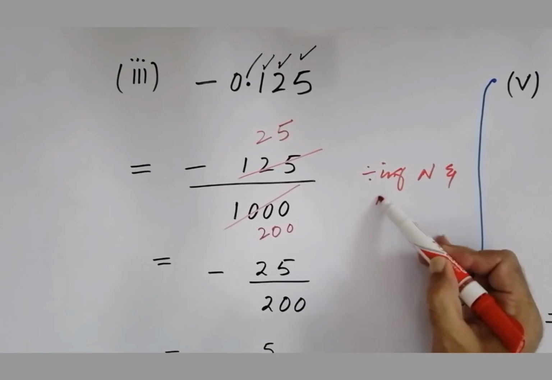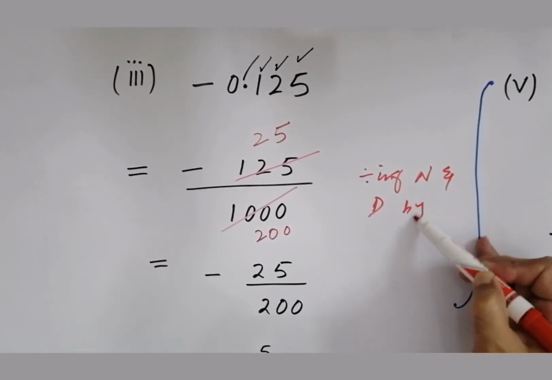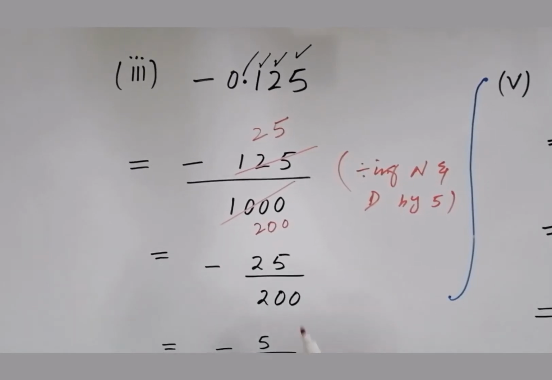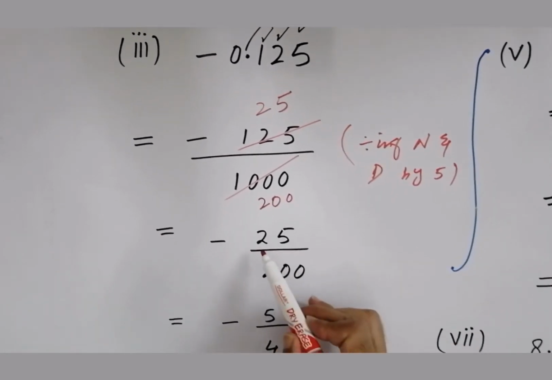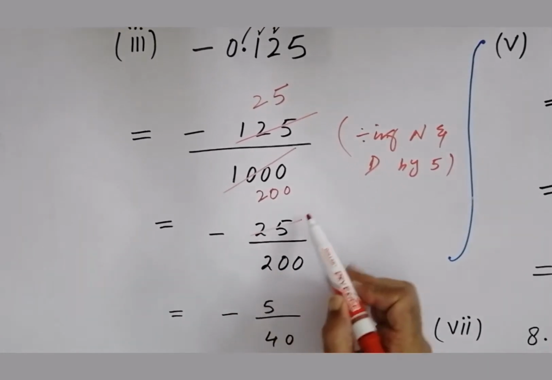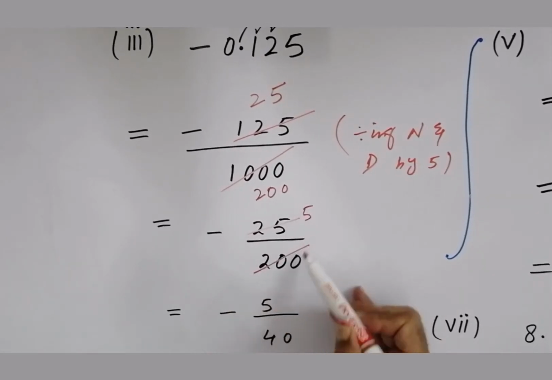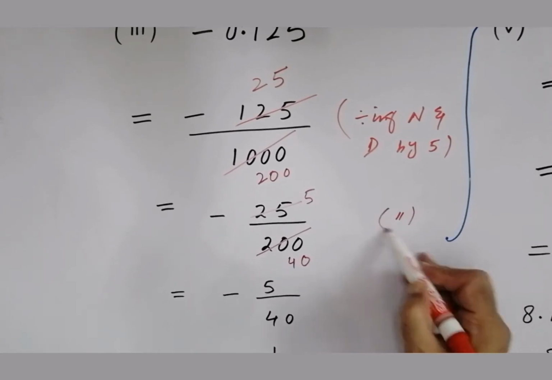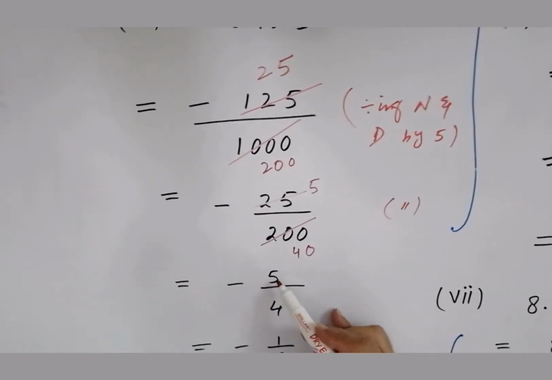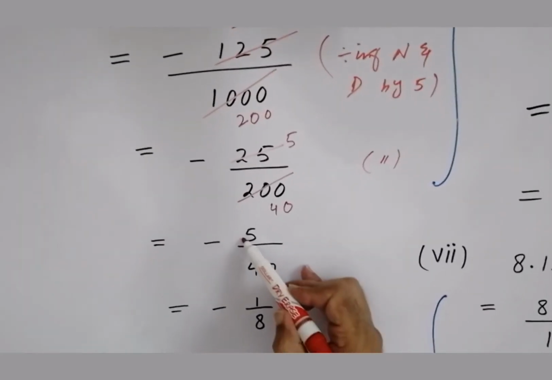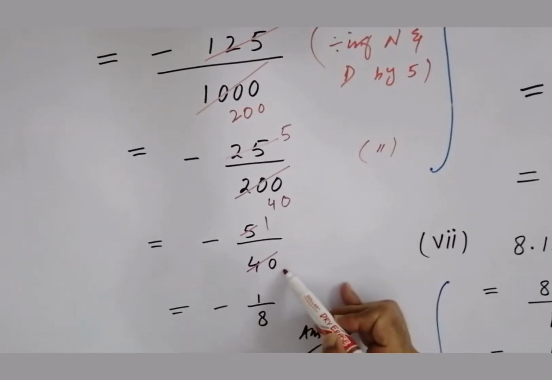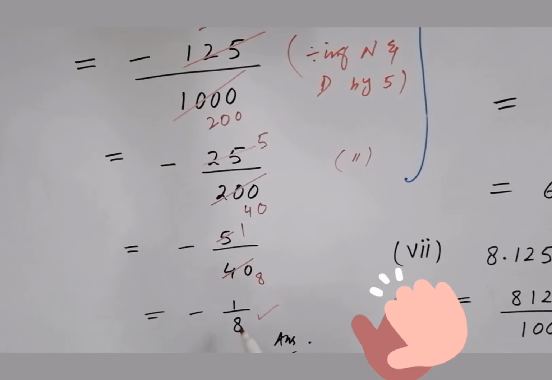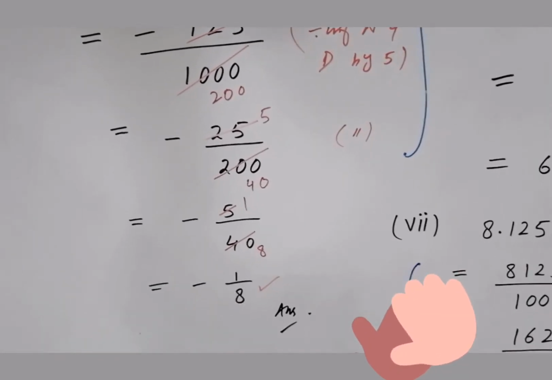Next, again dividing numerator and denominator by 5. 5 5s are 25, 5 4s are 20 and 0. Again by the same reasoning, we will be having now 5 over 40, 5 1s are 5, 5 8s are 40. So our required answer is minus 1 over 8, which is the required rational number.